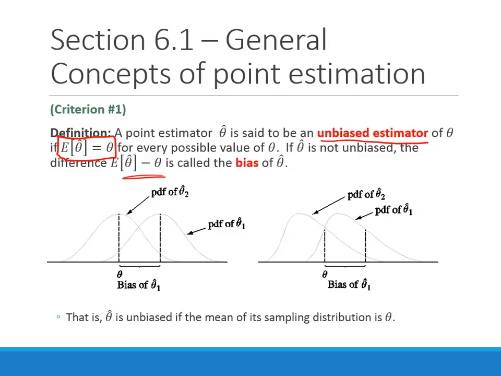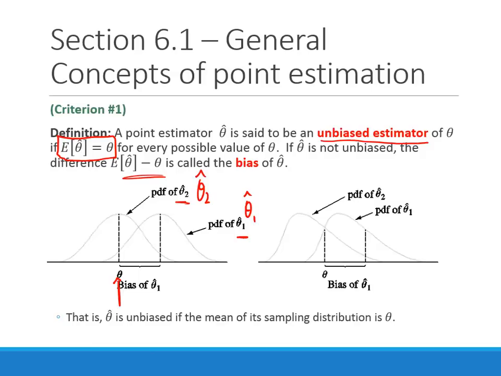So I have a few pictures here that are also in your notes. Let's look on the left side first. Suppose I have two estimators, theta hat 1 and theta hat 2. This is theta hat 2, theta hat 1. What I'm saying is that the true value of theta is right there.